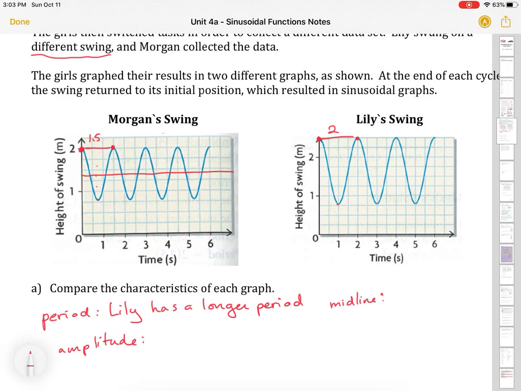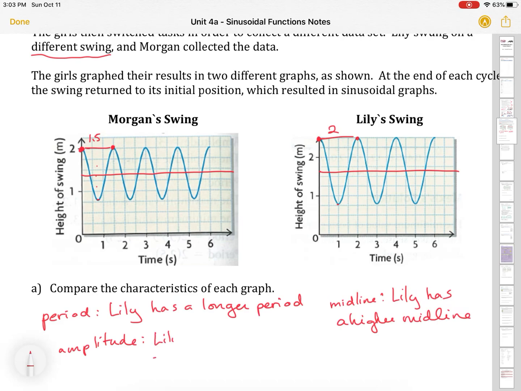So Lily's is up here. For the midline, Lily has a higher midline, okay? It's a little bit above, and you've got to look at them very carefully because they don't match up exactly in terms of the size of the graph, so you've got to count the squares.